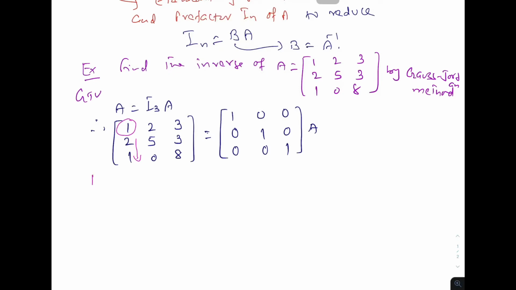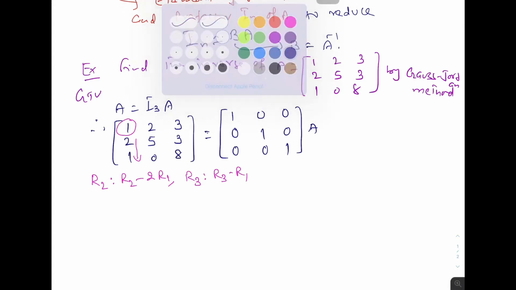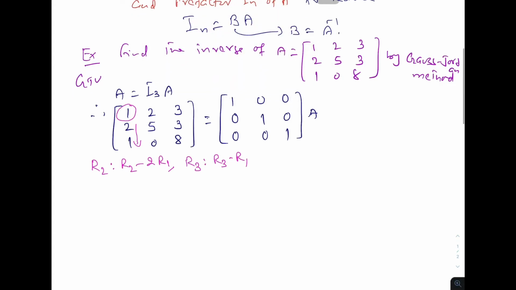So we do like this. In R2, R2 minus 2R1, and R3, R3 minus R1. Okay. So that turns out to be here 1, 2, 3.